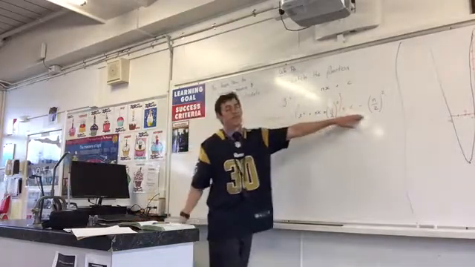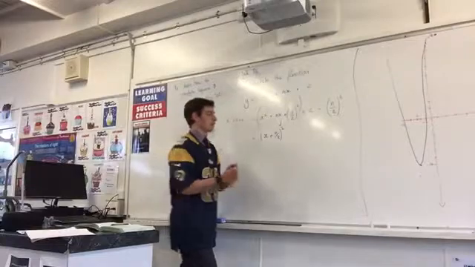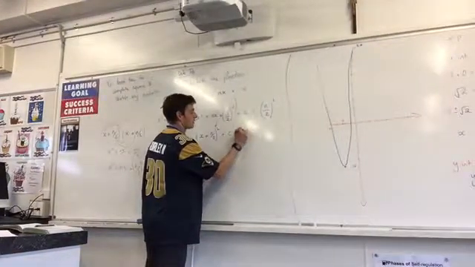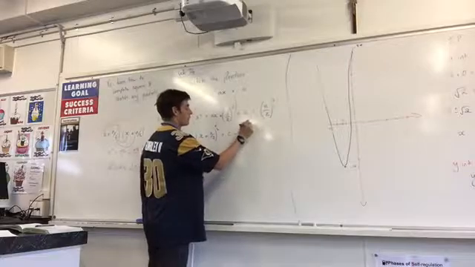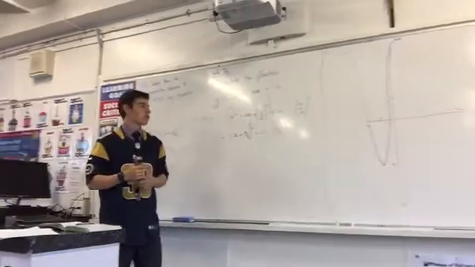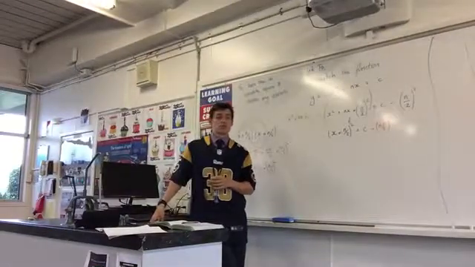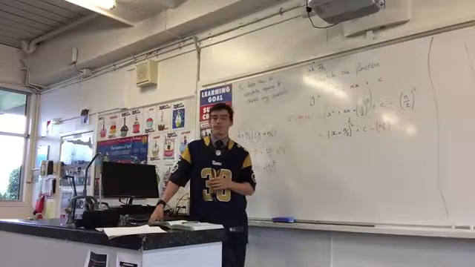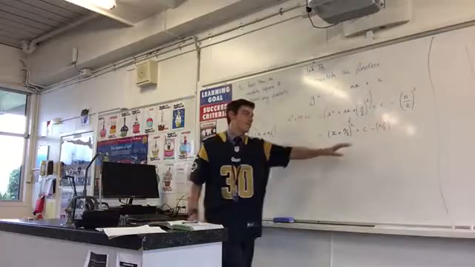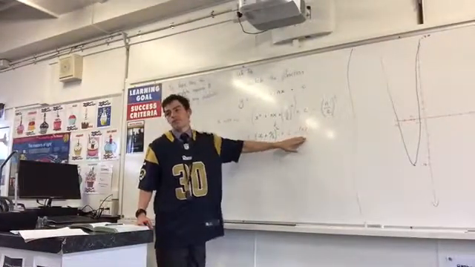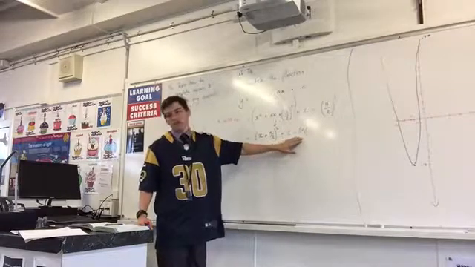What else do I need to put in? Plus c minus n over 2 squared. And these two values here, I probably shouldn't have used c. Why am I saying I shouldn't have used c? It's a bad letter because when we add these two up, what are they going to give us?